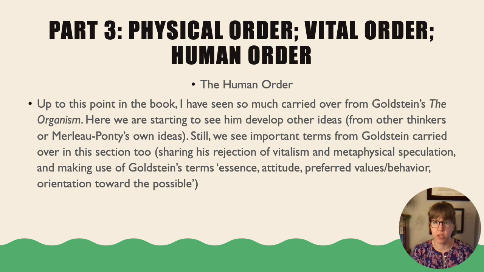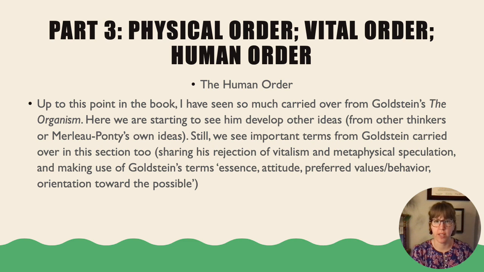So I just wanted to mention that he continues to share with Goldstein the rejection of vitalism and metaphysical speculation. And we are going to see in this section some terms, which right here I just wanted to note. So remember this when you see these terms: the term essence, the term attitude, preferred values or preferred behavior, and orientation toward the possible.